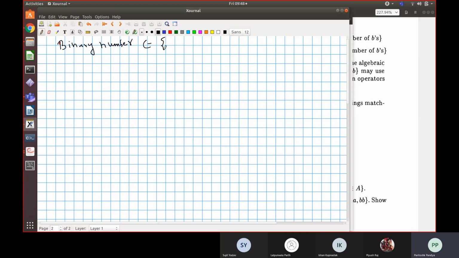It belongs to 0, 1 star, right? It's a word over alphabet 0, 1 star. And for a string X, the corresponding number is denoted by X hat. So for example, what is hat of 101? What does this denote?